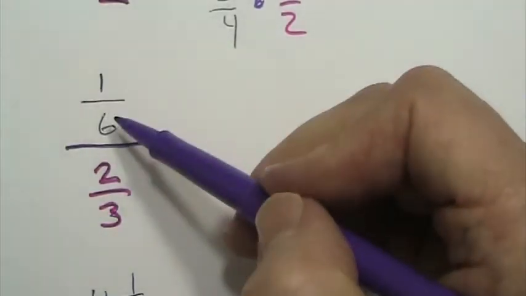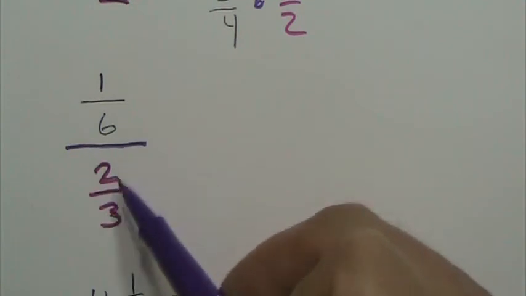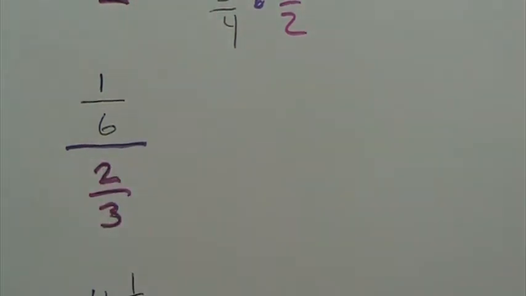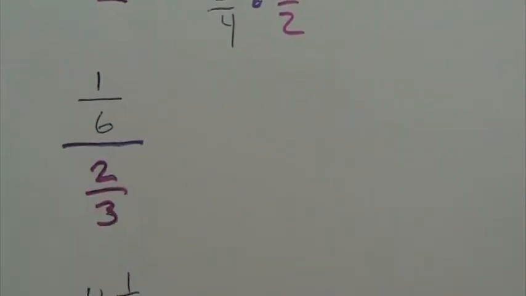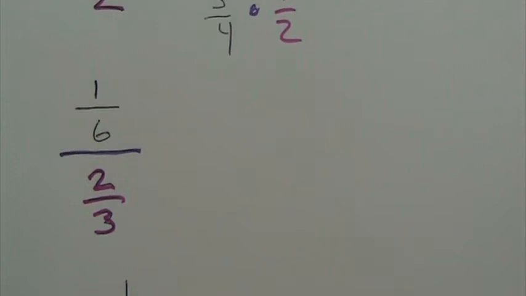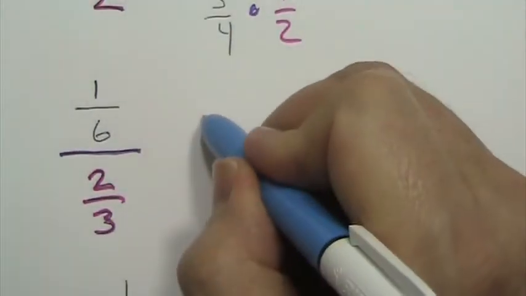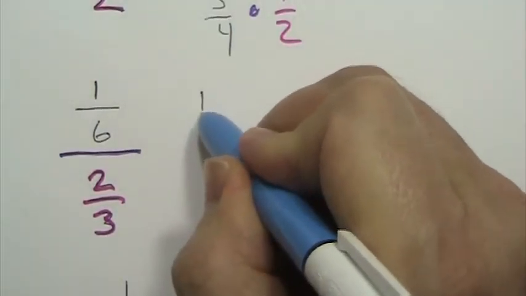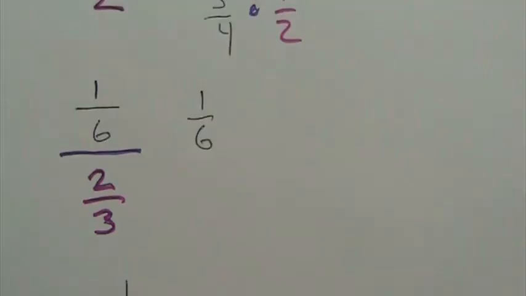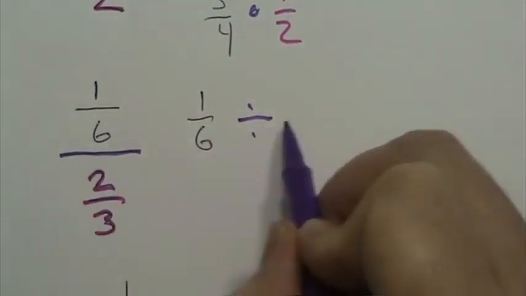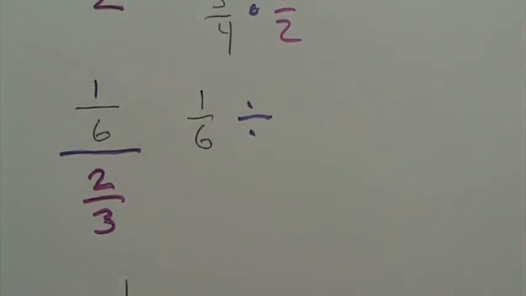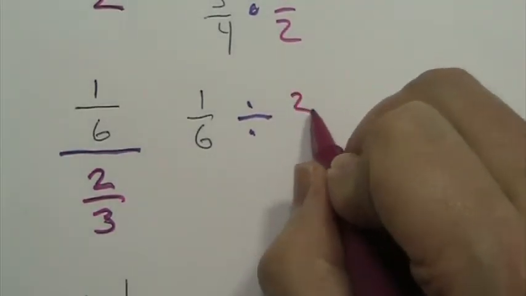So we have 1/6 over 2/3. Or that's 1/6 divided by 2/3. So how do we rewrite this? Start with our first fraction, 1/6. This is the division symbol, right? And 2/3. We just rewrite it.